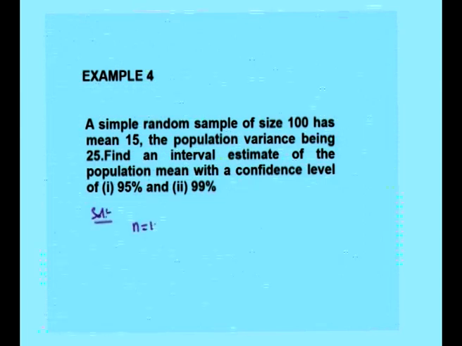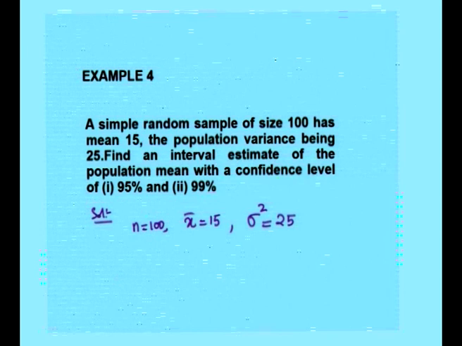N is equal to 100, mean x bar is equal to 15. Population variance is being 25. So, population variance sigma square is equal to 25. You are asked to find an interval estimate for the population mean with confidence level of 95% first.